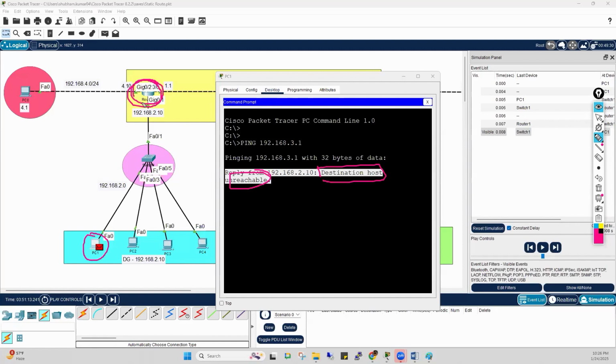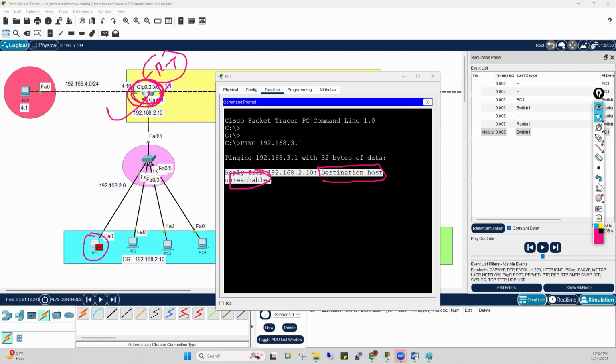This one. On my default gateway, the network which I am trying to ping is definitely not present in its routing table. That's the reason I am getting this error. So please understand whenever you get this type of error. Clear? So destination host unreachable means your default gateway doesn't know where to forward your packet, because 192.168.3.1 was not there in this router's routing table.